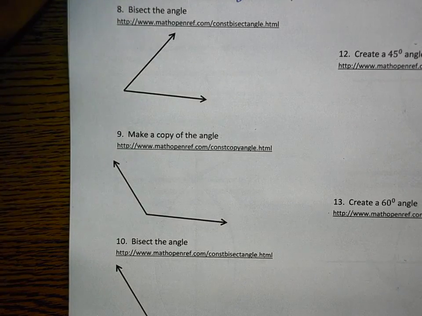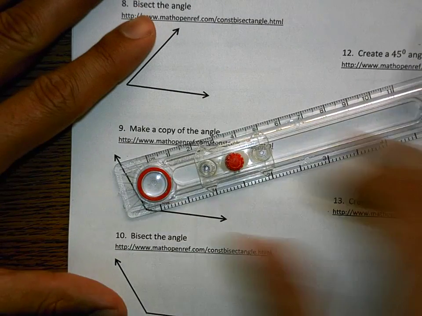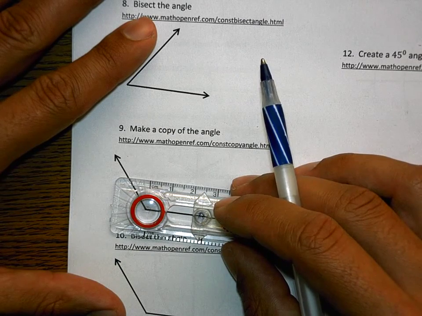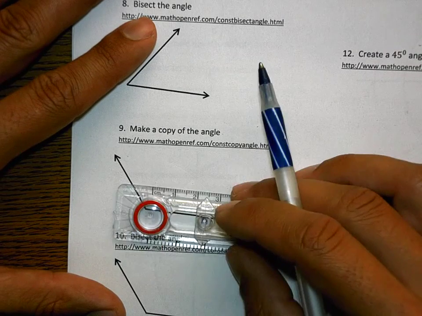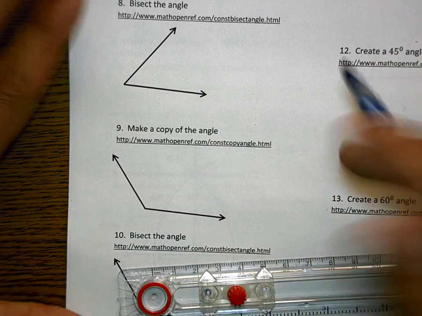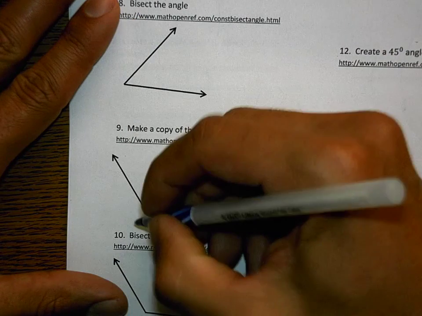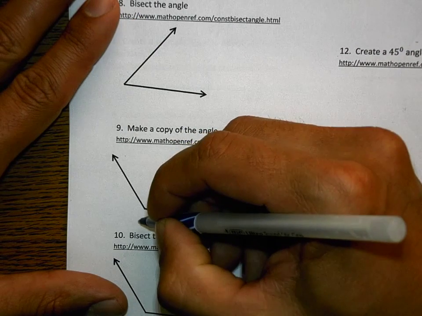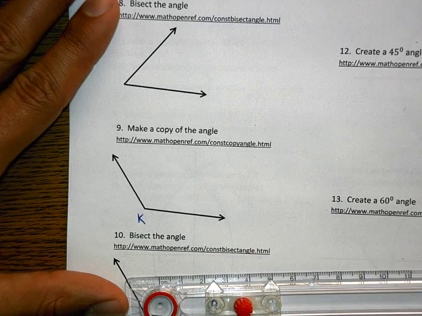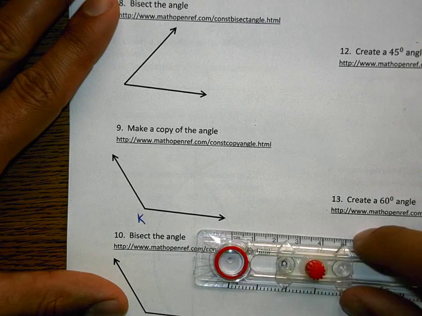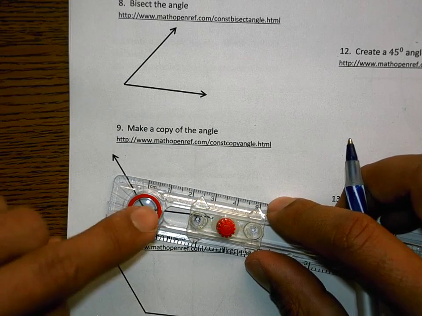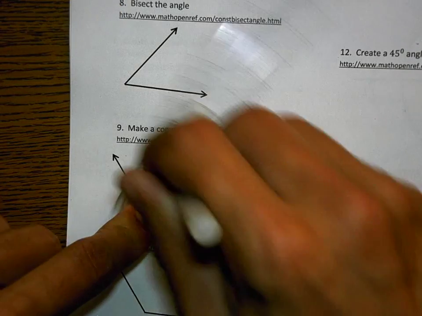Make a copy of the angle. The first thing I need is, I can label it. I need an arc. Let's call this one JKL. Let's do that one. So let's call it K. And then I'm going to draw an arc.